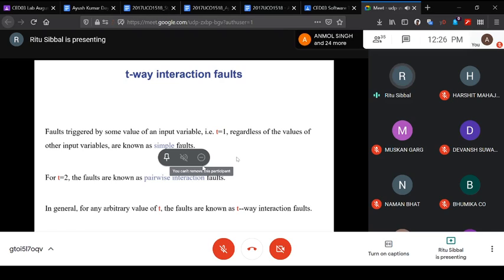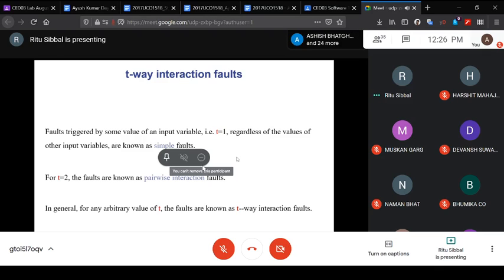ठीक है. अभी तक हमने जो फॉल्ट्स पढ़ी हैं वो सिंपल फॉल्ट्स हैं, क्योंकि हमारे पास हो सकता है 10 वेरिएबल्स हैं प्रोग्राम में, लेकिन हम एक एट अ टाइम एक ही वेरिएबल पे फोकस कर रहे हैं फॉल्ट को डिटरमिन करने के लिए. So that is a simple fault when t is equal to 1. When you have t is equal to 2, the number of factors you take is 2.